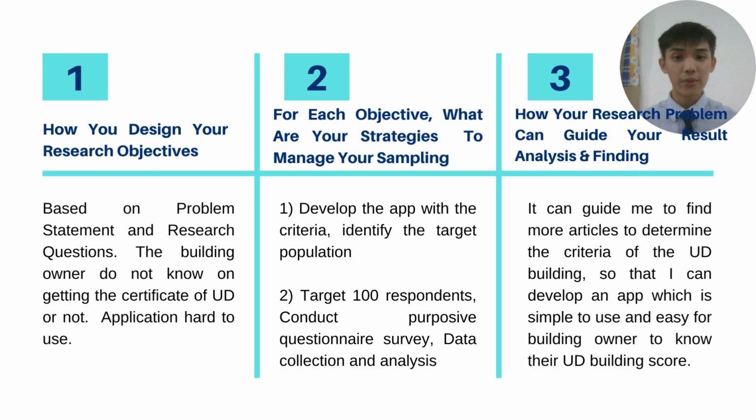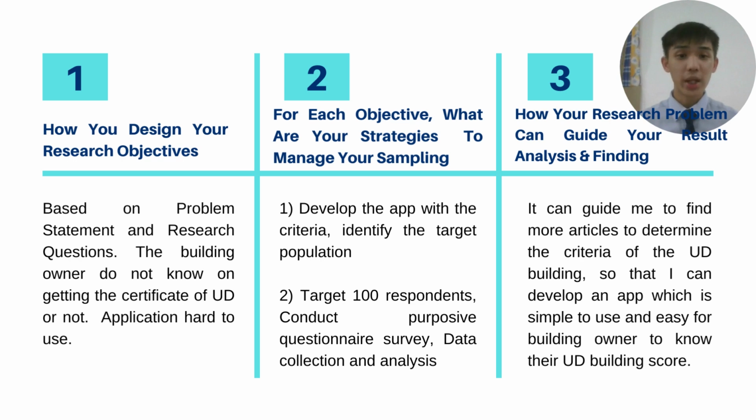For the second objective, my strategy is to target 100 responses, and then we conduct the purposive questionnaire survey with the client and also construction company, which I mentioned above. Next, we will do the data collection and also data analysis.